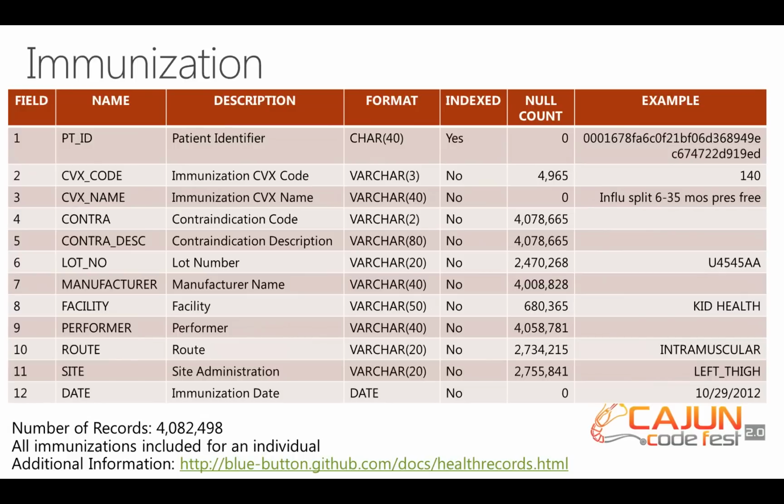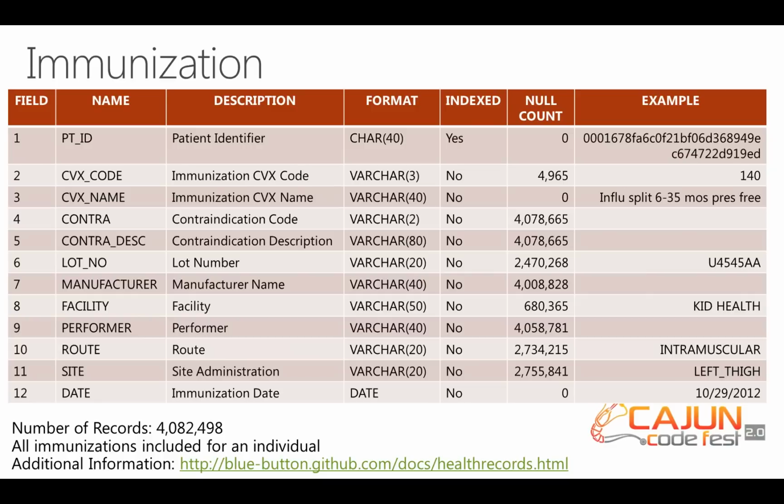The fields in this table are patient ID, the CVX code, which stands for vaccine administered, the CVX name associated with that code, a contraindication code and description, the lot number, the manufacturer name, the facility in which the vaccine was administered, the performer or clinician who administered that vaccine, the route in which the vaccine was given, the administration of the vaccine, and then the immunization date. There are over 4 million immunizations administered to the 200,000 individuals.